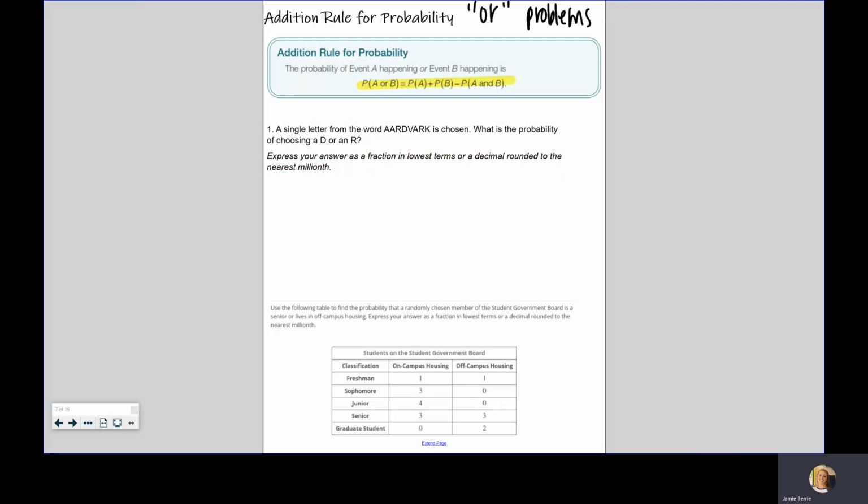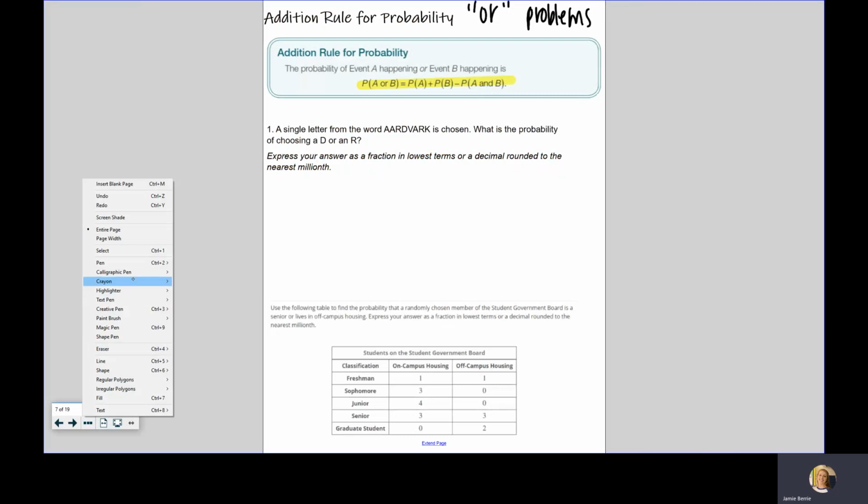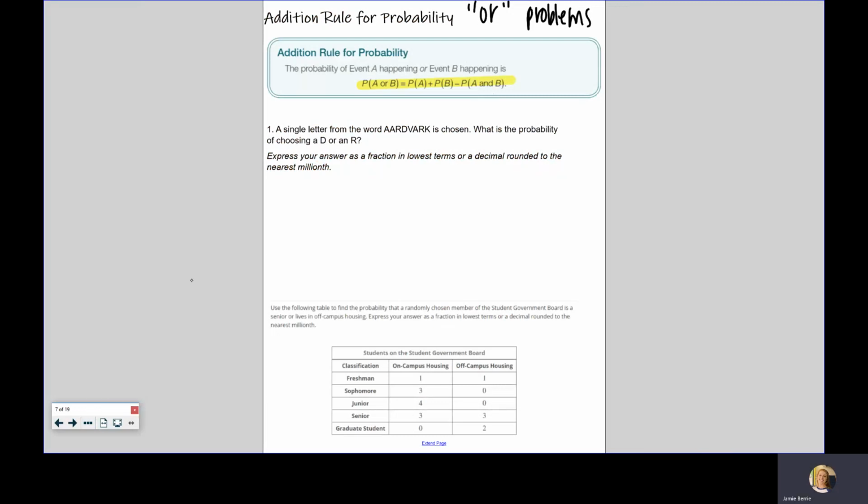Okay, so it says the probability of an event A happening or event B happening, probability of A or B, is equal to probability of A plus the probability of B minus the probability of A and B. All right, so you have to subtract off what we call the intersection so that you don't count those numbers, or those people or outcomes, twice. So you subtract this part off so you're not counting people or outcomes twice.